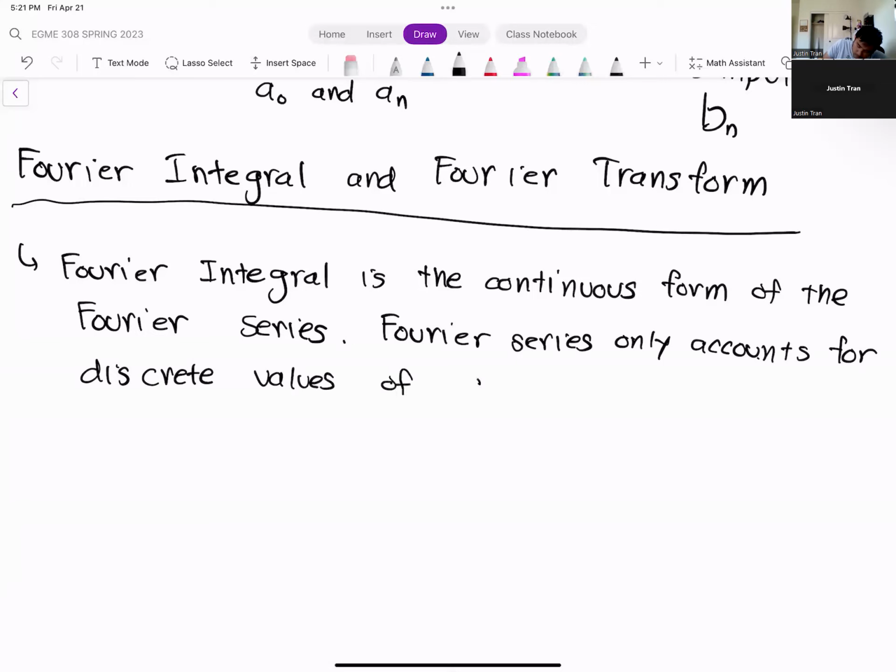I'll just show you really quickly with the cosine term, but it applies for the sine as well.